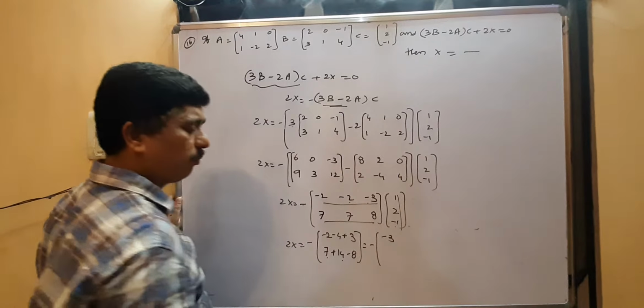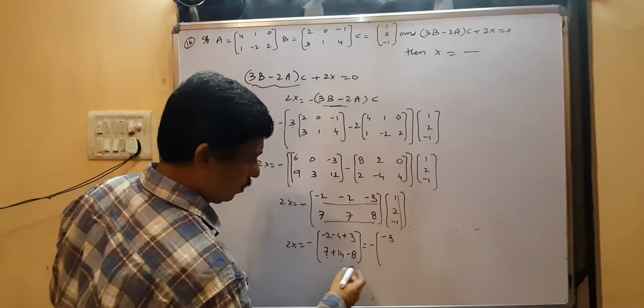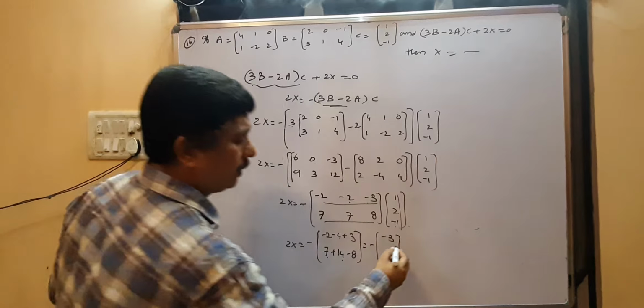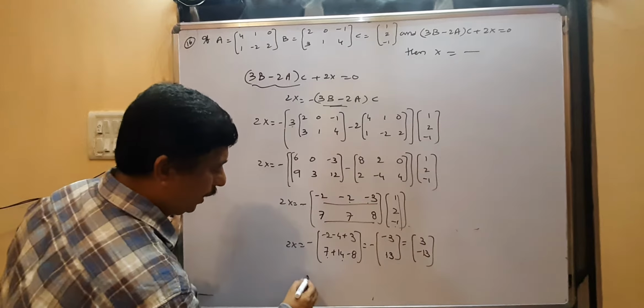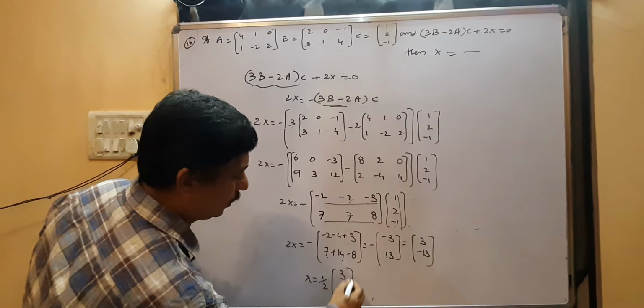So this is 14, 21 minus 8, 13. Minus multiplied inside, that is 3 minus 13. Bringing the 2 to the right side, X equals 1 by 2 into 3 minus 13 is the answer.